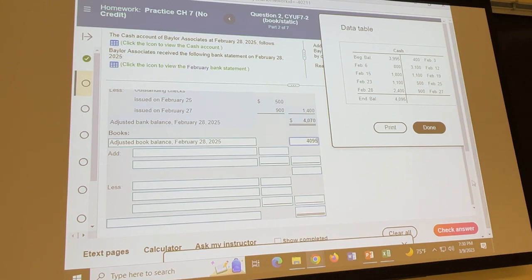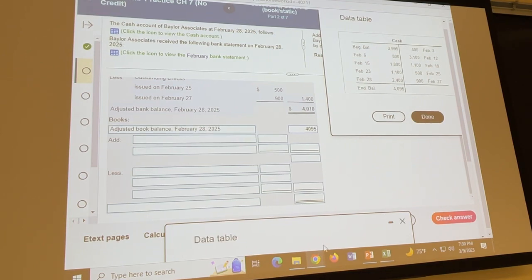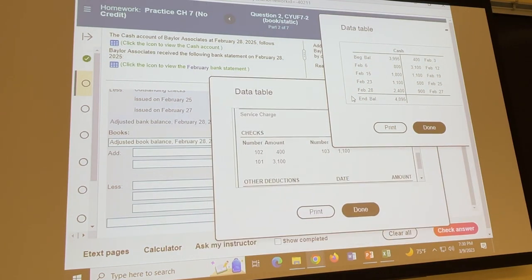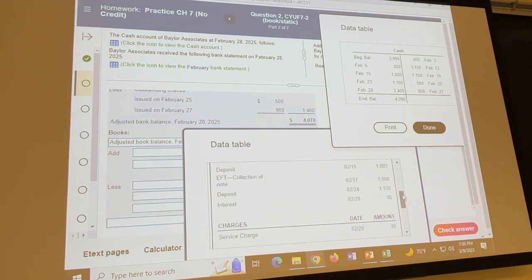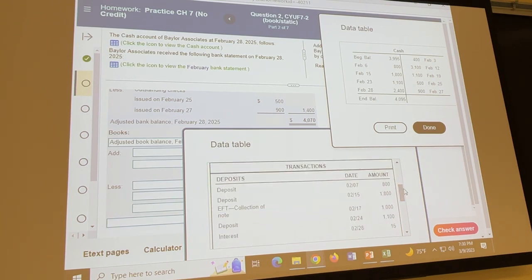where do they give us the additional information here? We just have to look at the bank. On the bank statement, it says EFT collection of note.